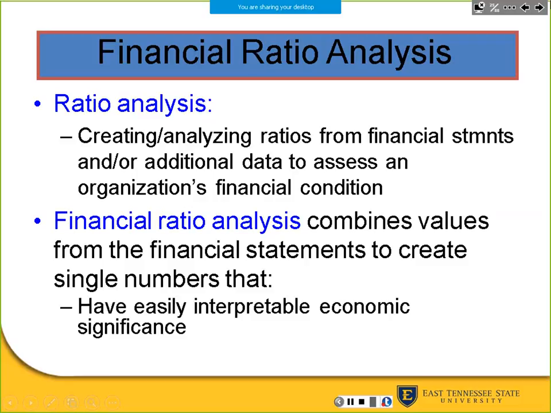We take the information on our financial sheets and transform it into a single number or percentage or ratio that can tell us with some ease what economic significance that has, especially in the healthcare marketplace.